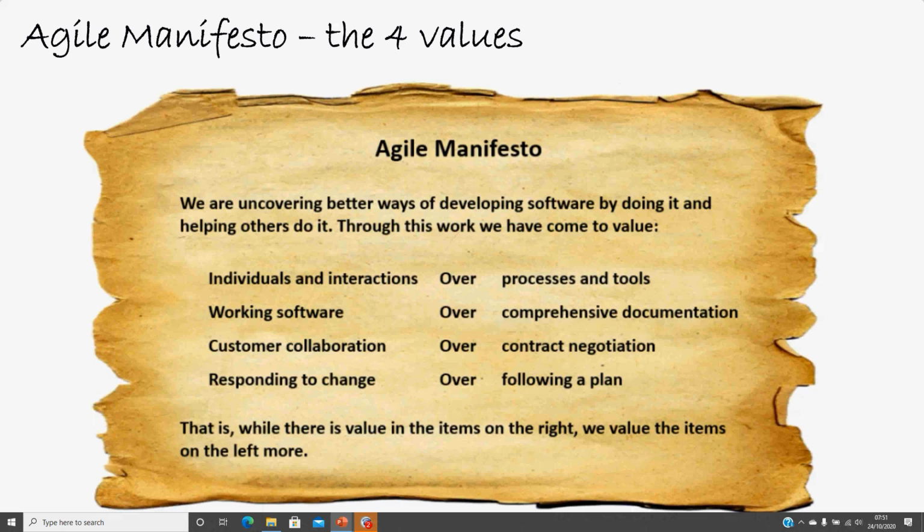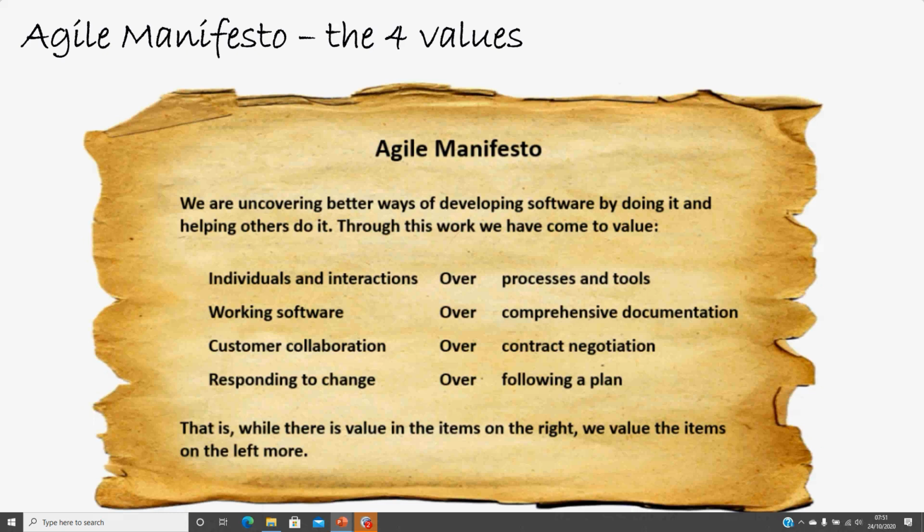No matter how well-defined the process is, there will always be some barriers which couldn't have been anticipated by any person or tools, and such barriers are overcome when individuals sit together, discuss and find the solution to the problem rather than just following the process. So that is the first value: in Agile, the interaction between individuals is preferred over the usage of processes and tools.